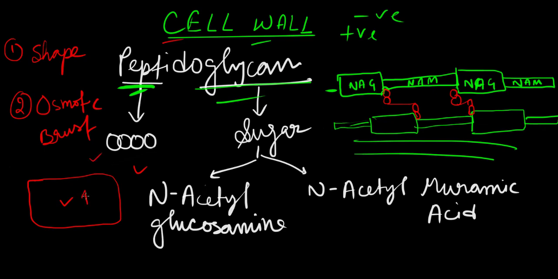If the concentration is higher, by the process of osmosis the fluid will come from outside to inside, and the bacteria will swell and finally burst. So the cell wall helps the bacteria by preventing osmotic burst. Okay, so this is the function and structure of the bacterial cell envelope. Thank you.